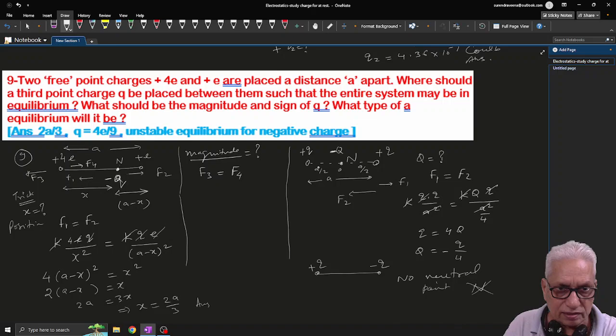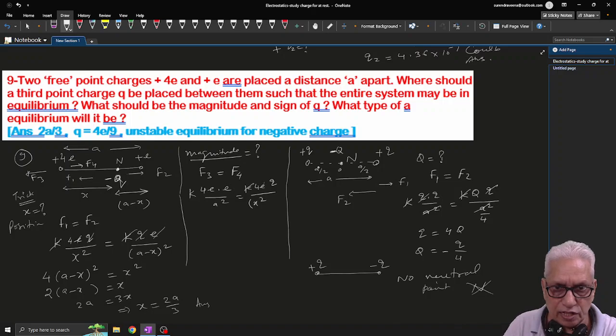What is F3 between the two? So k e q upon a square, in between the two attraction, so k 4e and q, we have to find, a minus x square.